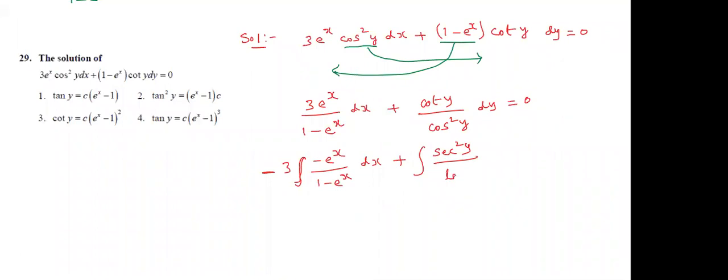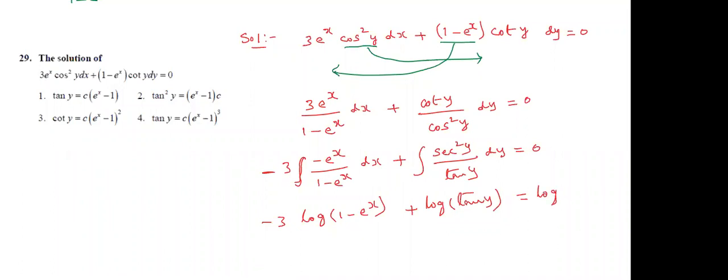Cot y means 1 by tan y. See here, then only it is going to convert in the form of integration f dash of x by f of x. Now tell me what is the integration here? Logarithm of 1 minus e power x plus second term logarithm of tan y, that is equal to constant.